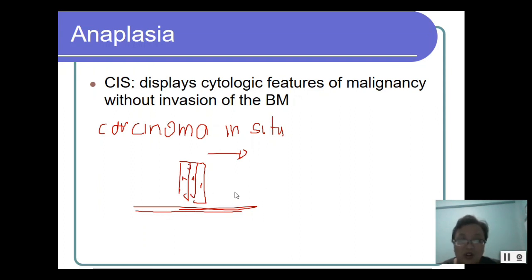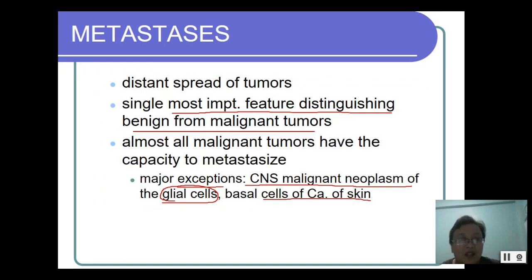If the tumor does not go beyond the basement membrane, it is called carcinoma in situ, which is actually good. Kasi we know that underneath the basement membrane are your blood vessels. So if the tumor will scatter, it will metastasize, or transfer to another organ, delikado if it passes through the blood vessels. Kasi pag nandoon na, wala na, lilipat na siya sa ibang lugar.